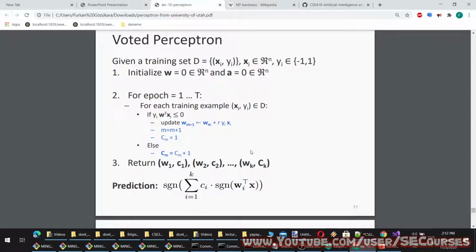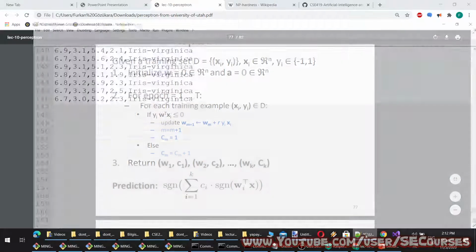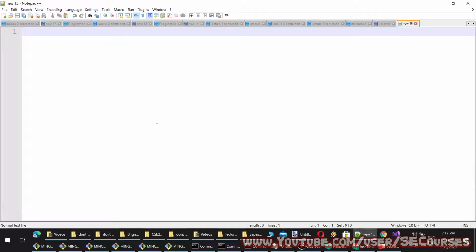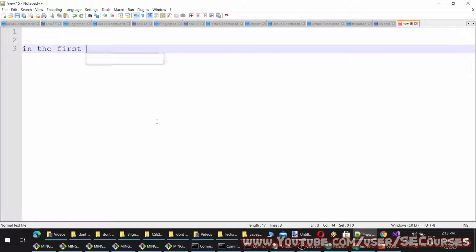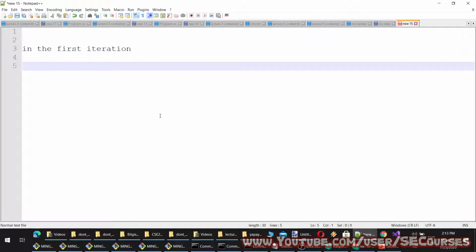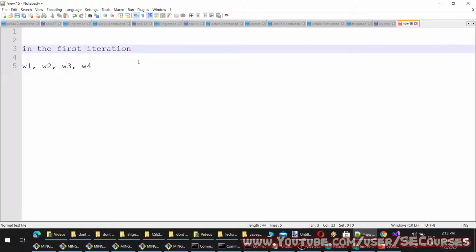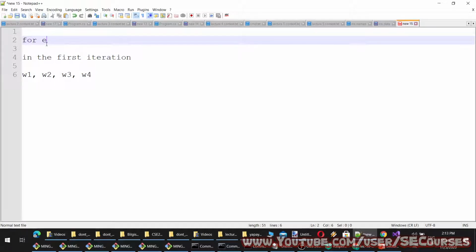What I mean is, let's say in the first iteration I have v1, v2, v3, v4, and let's say I have 5 training examples.